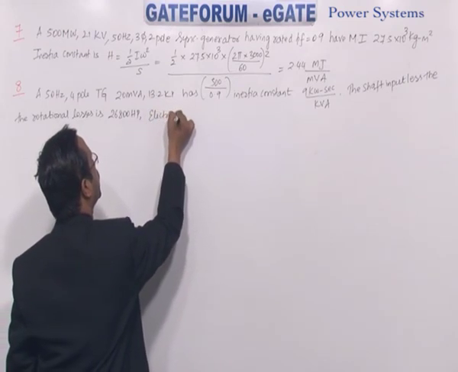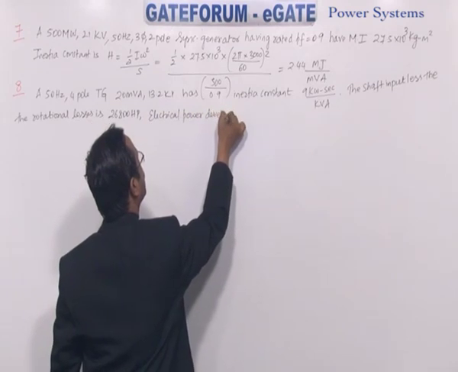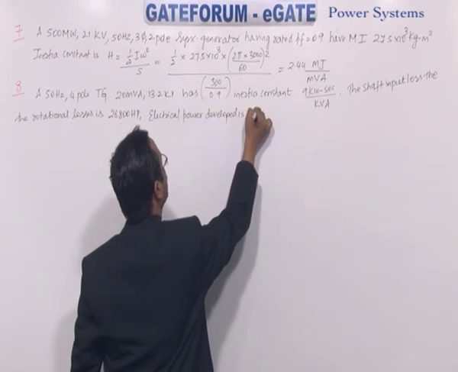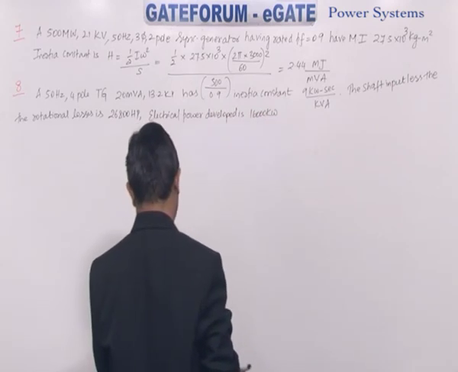Electrical power developed is 16,000 kilowatts.